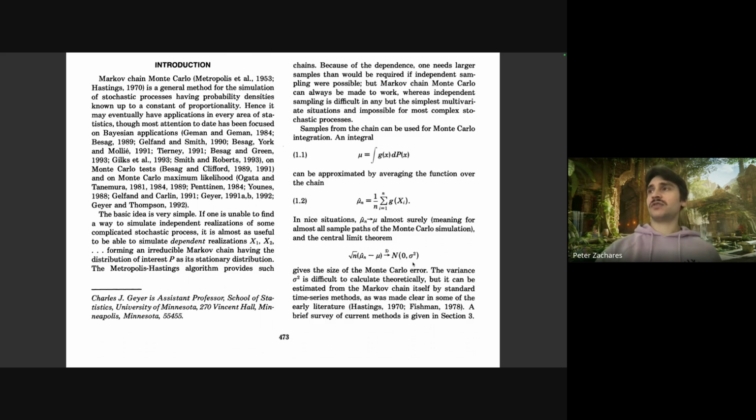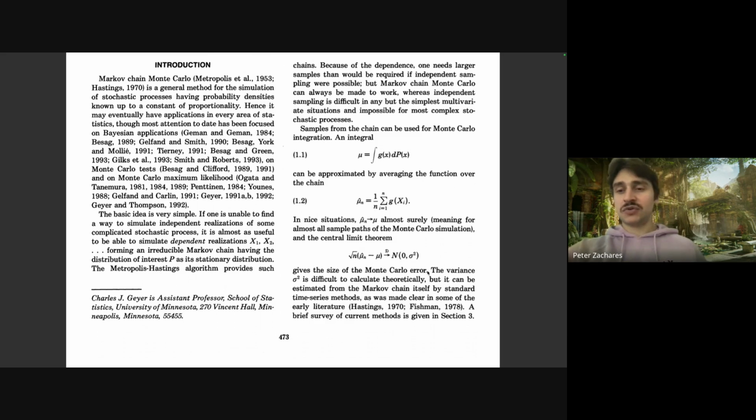I think it's also called the Monte Carlo error when you're using Monte Carlo to do the estimate. And a big part of this paper is how do we estimate the Monte Carlo error? Like, how do we do it? And the theory behind how you could do it with MCMC.